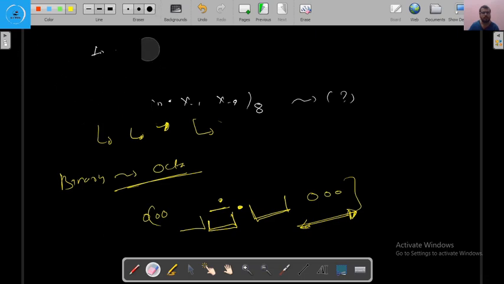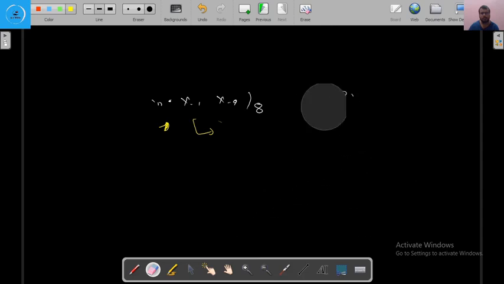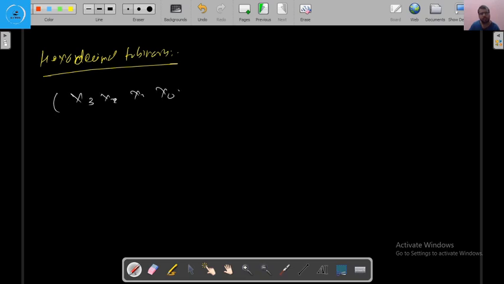And again, for converting from hexadecimal to binary, and from binary to hexadecimal: from hexadecimal to binary, we are going to write only, like this is x3, x2, x1, x0, point x of -1, x of -2.